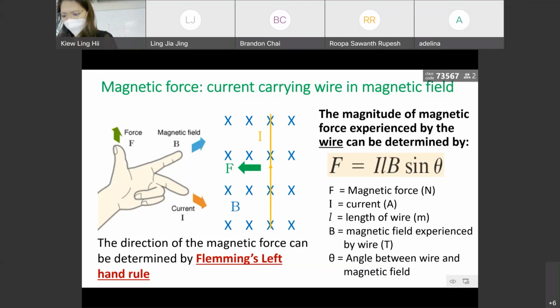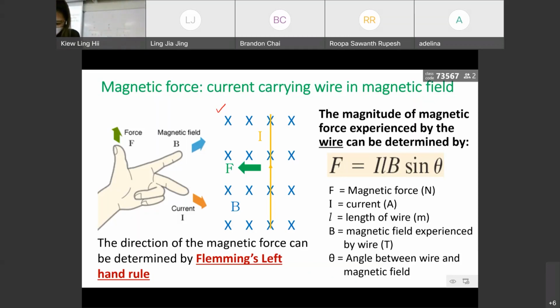Alright, so now let's look at this diagram. Here, let's try to determine the direction. Current going downwards, so middle finger going downwards. Sorry, current is going upwards.